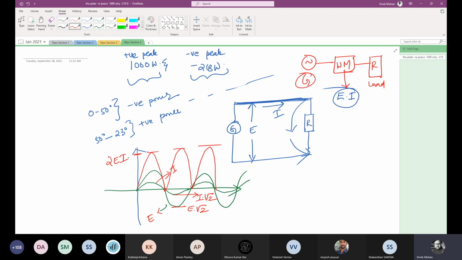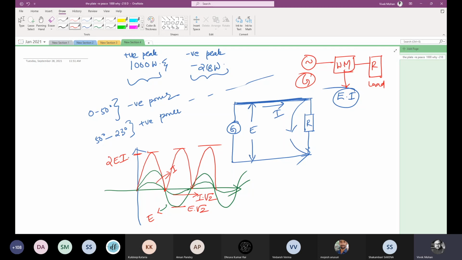I am getting only positive direction, which means that in this case power is always flowing. The direction of power is such that it is always flowing from the source to the load. This is the concept of active power.